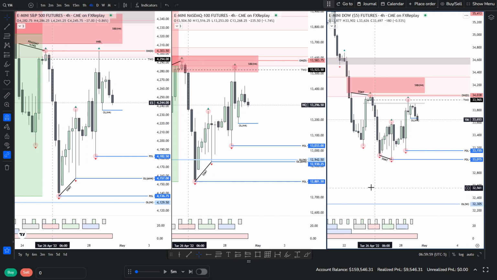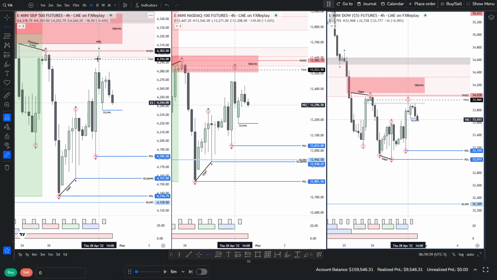We want the previous day's high. Well, what I want to know first and foremost, what's the high here? 303.50. Okay, so we've got equal highs there.